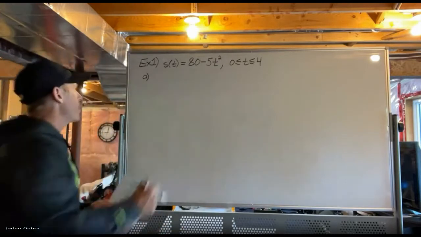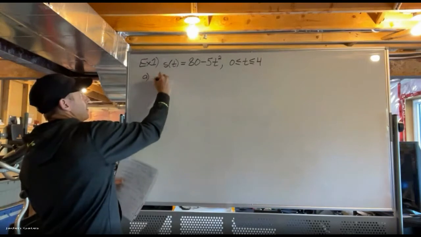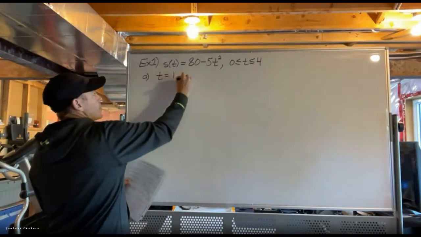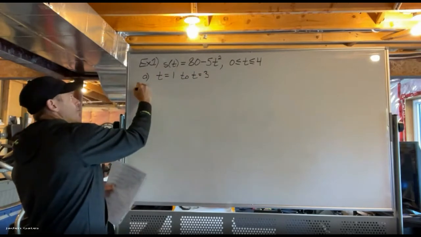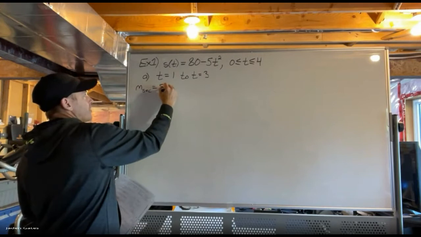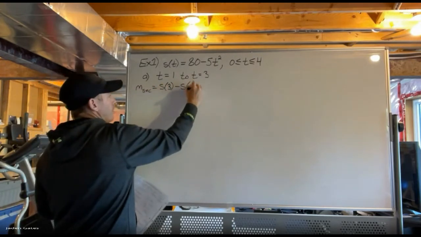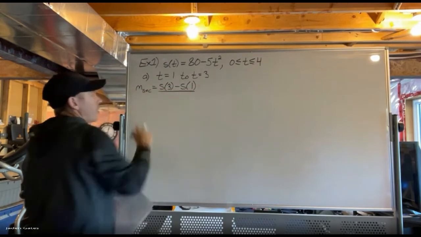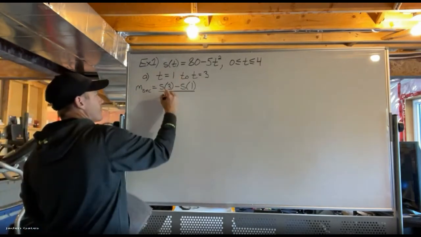And so when you're finding the average velocity from t equals 1 to t equals 3, I'm just going to find the slope of the secant line, which is going to be s of 3 minus s of 1. That's our y2 minus y1, if you will. And then we have our x2 minus x1, 3 minus 1.